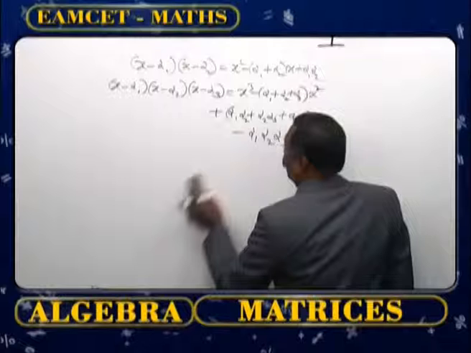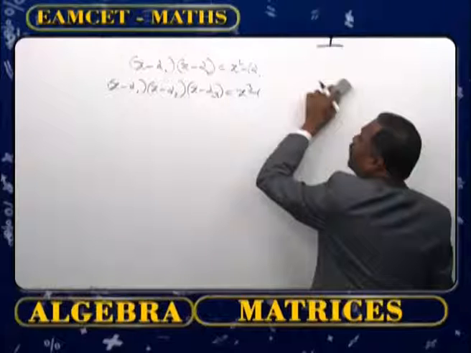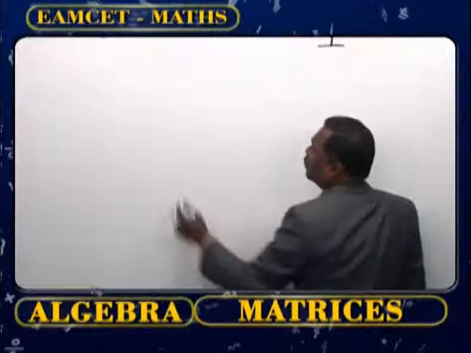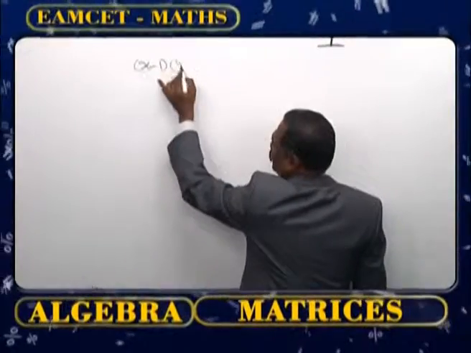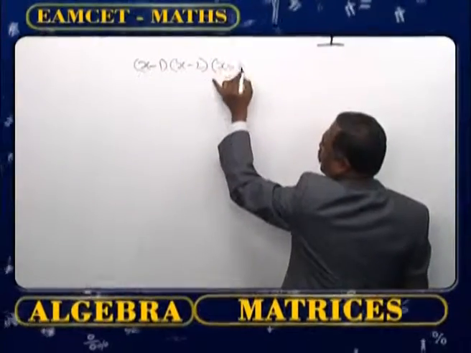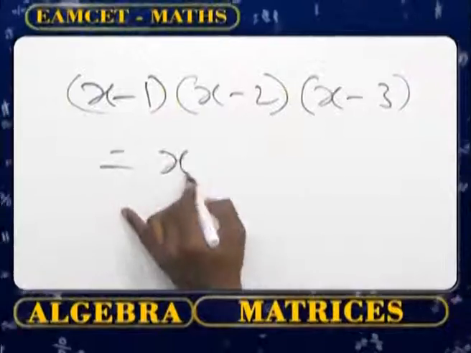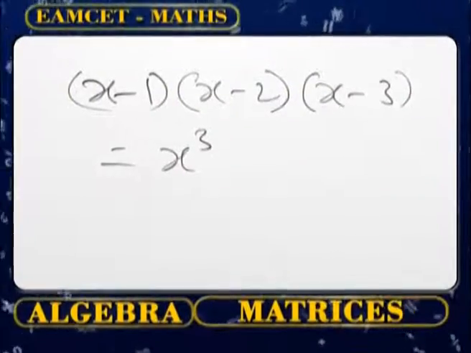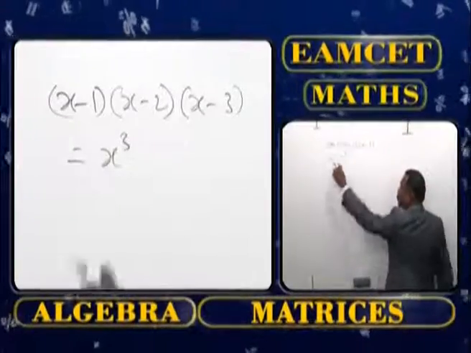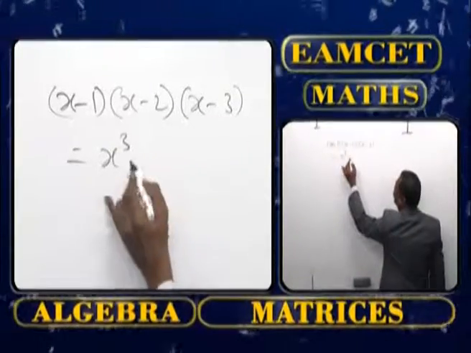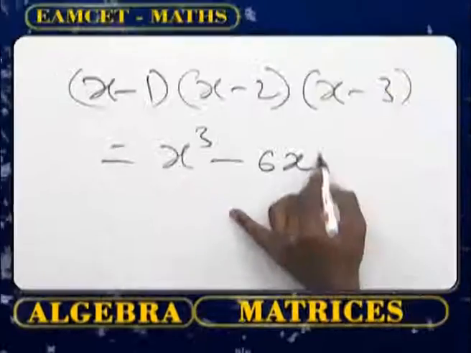So whenever you want to multiply three factors, write them directly like this. Whenever you want to multiply three factors like this, write it like this: x cube. You'll get x cube directly. Sum of the roots, 1 plus 2 plus 3, is nothing but 6, so 6x squared.